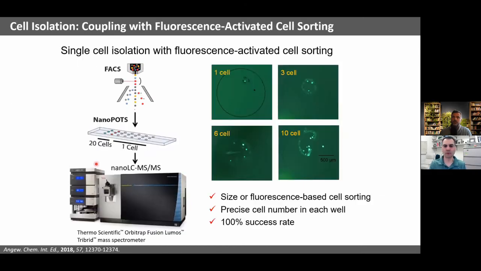So we can also isolate samples. A non-trivial part of the workflow is getting single cells or small tissue samples into your reaction vessel. So early on, we coupled nanopots with fluorescence activated cell sorting. Because nanopots and autopots are both open platforms, we can just sort cells directly into the wells.